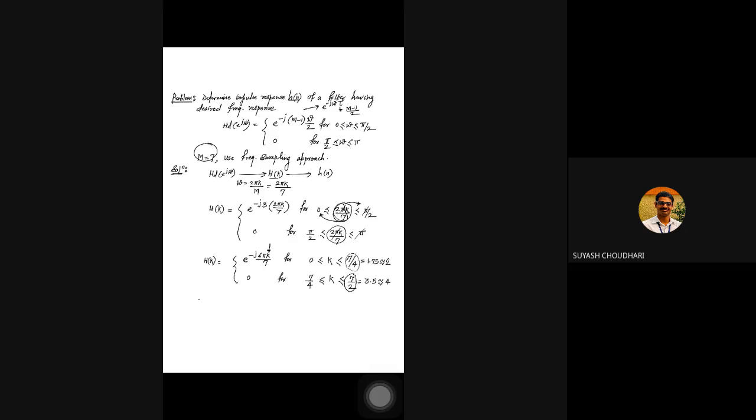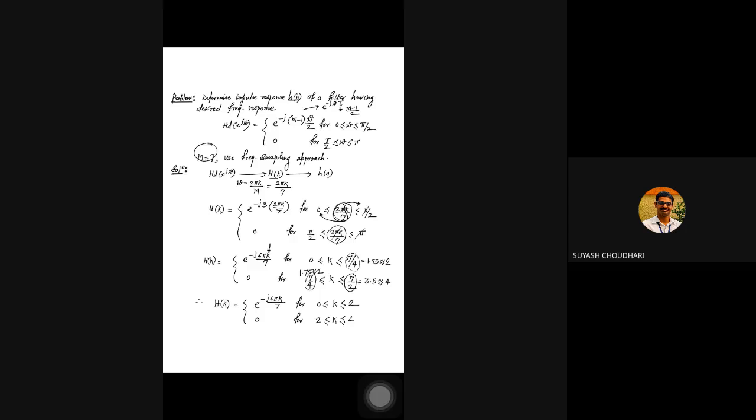Therefore, this h of k is equal to e raised to minus j 6 pi k by 7 for 0 less than or equal to k less than or equal to 2, and it is equal to 0 for 7 by 4, which is 1.75, approximately equal to 2, so 2 less than or equal to k less than or equal to 4.